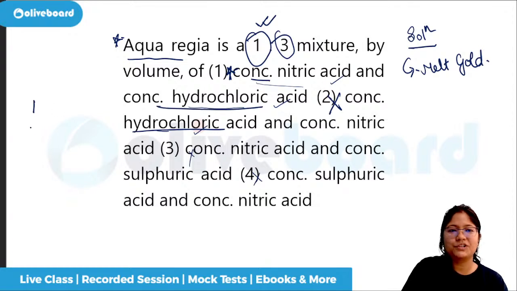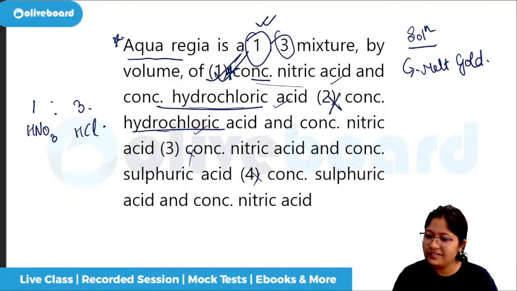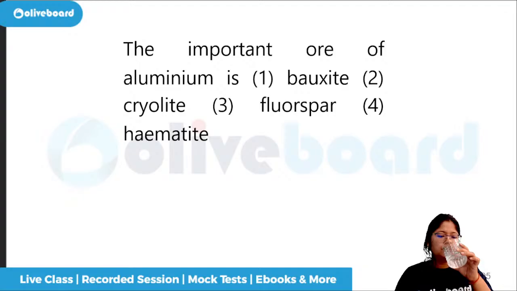That means 1 portion of HNO3 and 3 portions of HCl. So 1 is the correct answer. Okay, you've written 1. Very good. Read the next question.